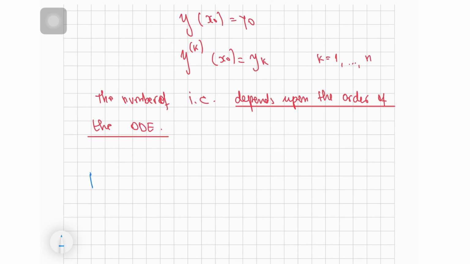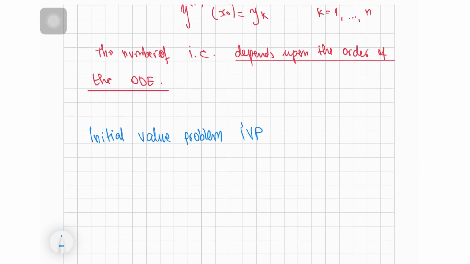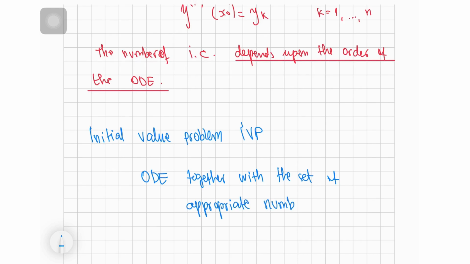An initial value problem is basically an ODE together with the set of appropriate number of initial conditions.